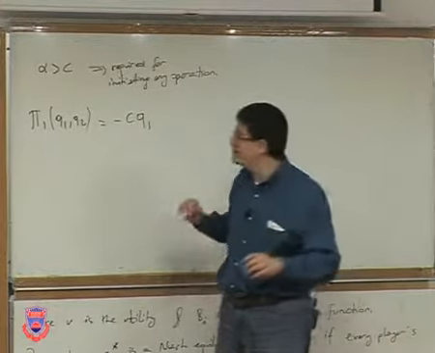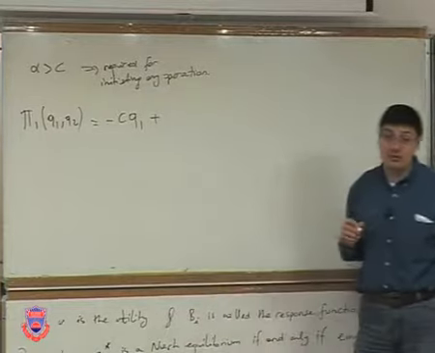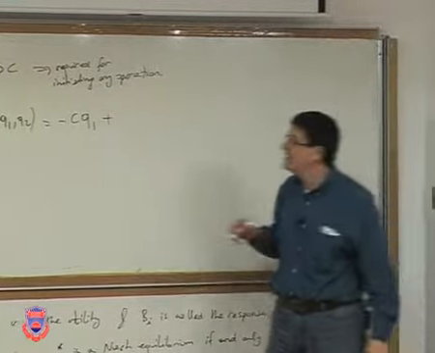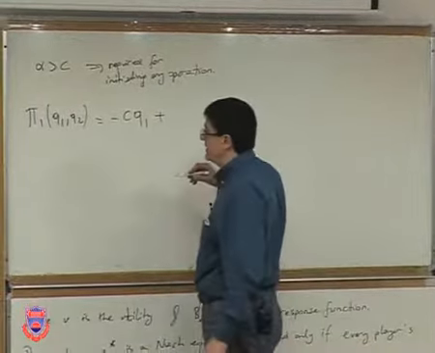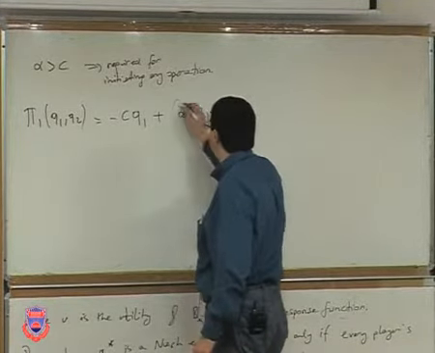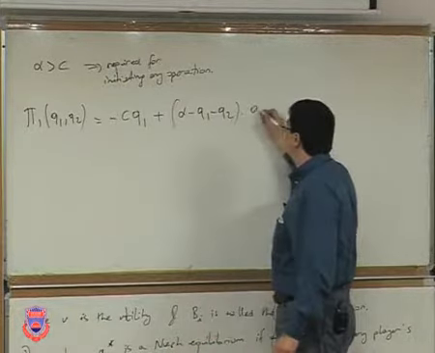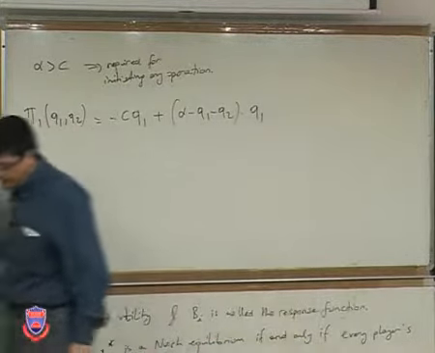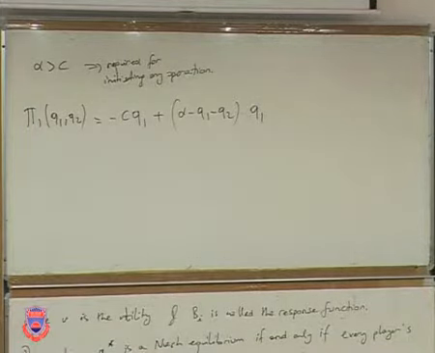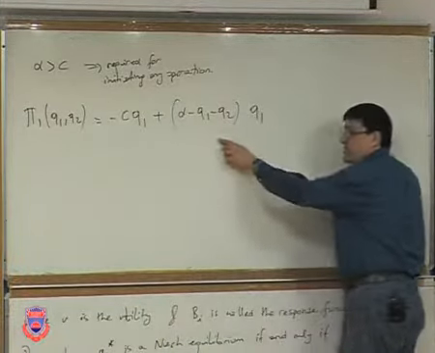Everything is known. Then we're going to receive a revenue, but the revenue is going to be a function of the total supply. So the revenue that we receive is going to be alpha minus Q1 minus Q2, which is the price per unit, times Q1.